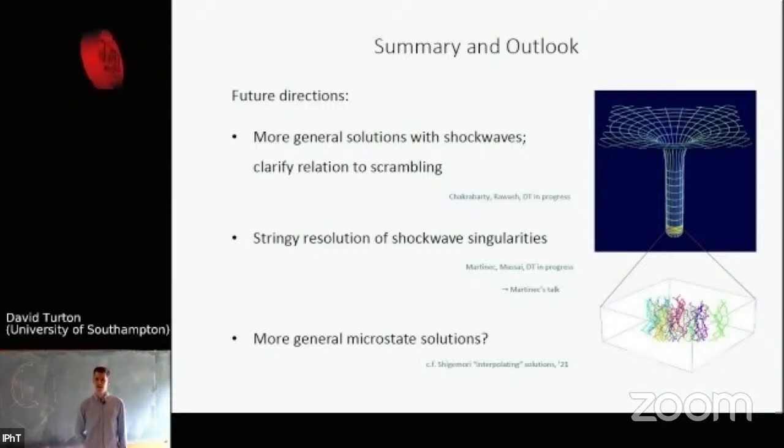So I deliberately didn't include specifics on this out of politeness, but let me try and choose some words carefully. Andrea's paper with Don had a nice analysis of previously existing two-charge solutions.